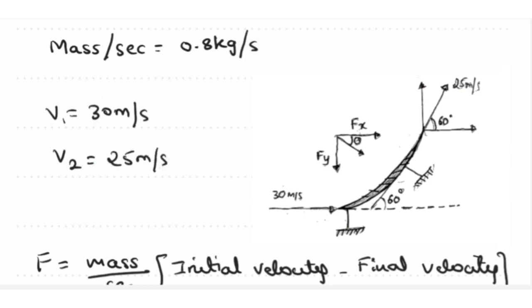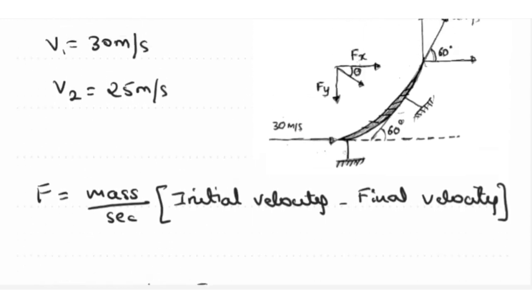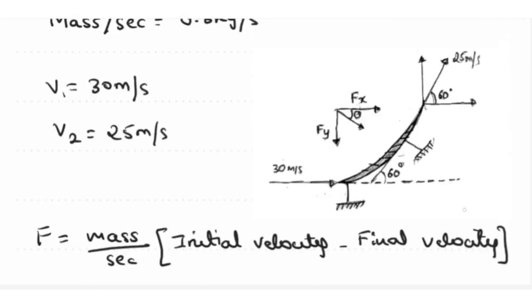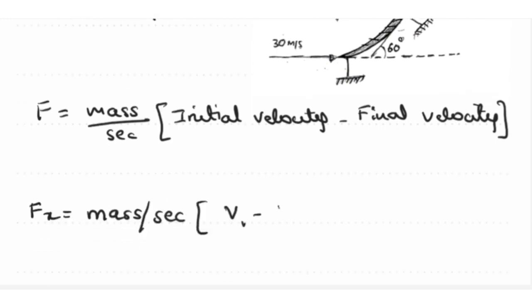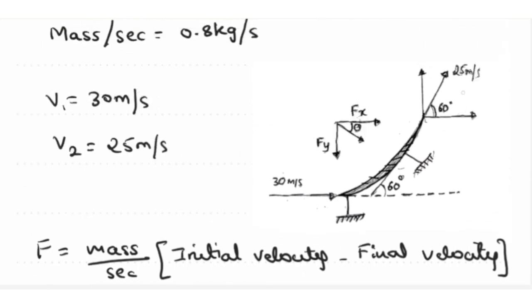25 meter per second. So the initial velocity is in the horizontal direction, so it does not make any angle, so we can write it as v1 minus the final velocity, which is in the direction of v2, and you can see it makes an angle 60°.